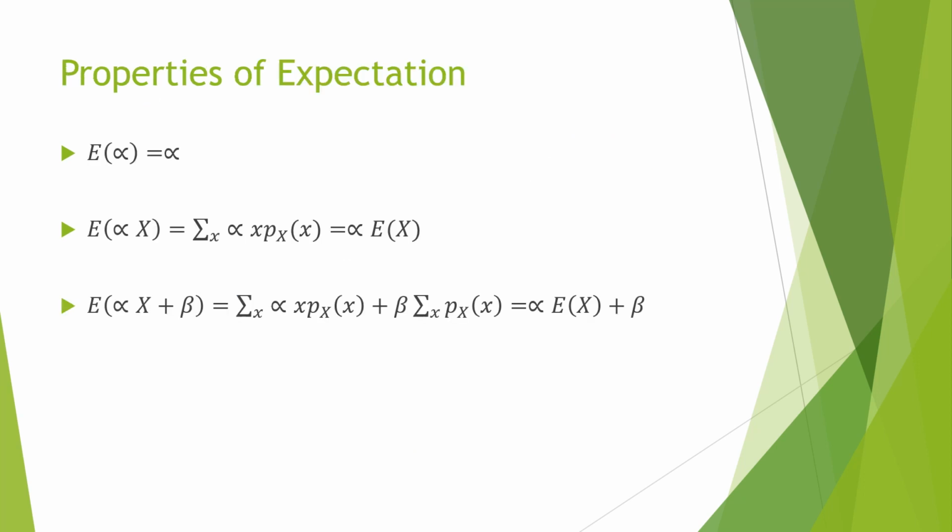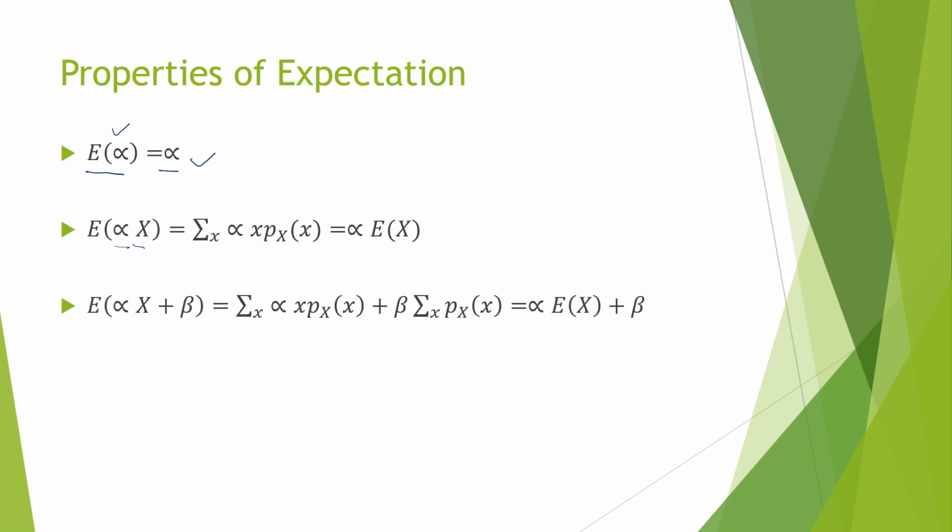We have three properties of expectation. The first one is that the expected value of a constant is the constant itself. Here alpha is a constant value. We understand that for a constant value, the average value is the constant value itself. So the expected value of a constant is always a constant. The second one is, suppose you multiply the random variable x with constant alpha, then what is its mean value?